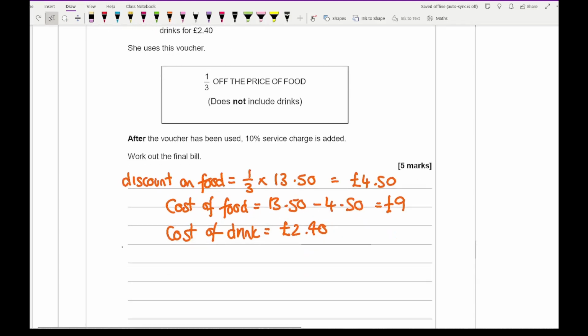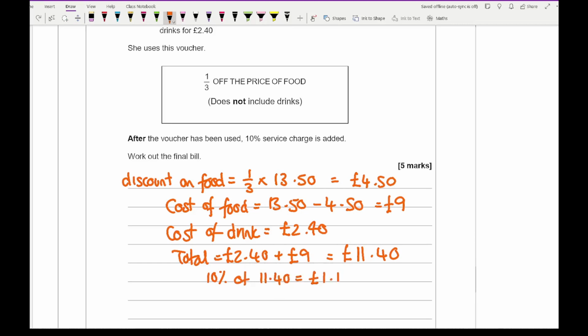So then the total is going to be £2.40 plus £9, which comes up to a total of £11.40. We then need to add on 10%. So 10% of 11.40 is £1.14. So this is the service.